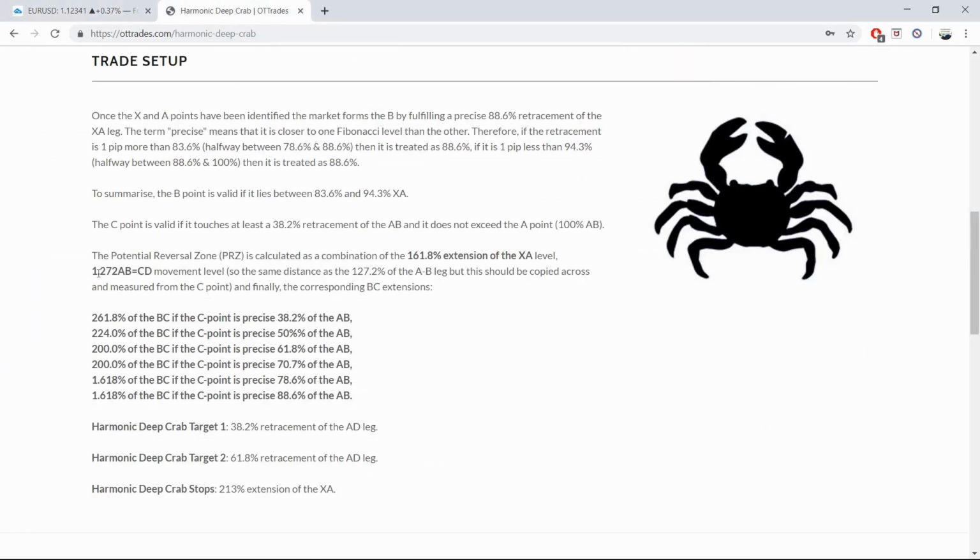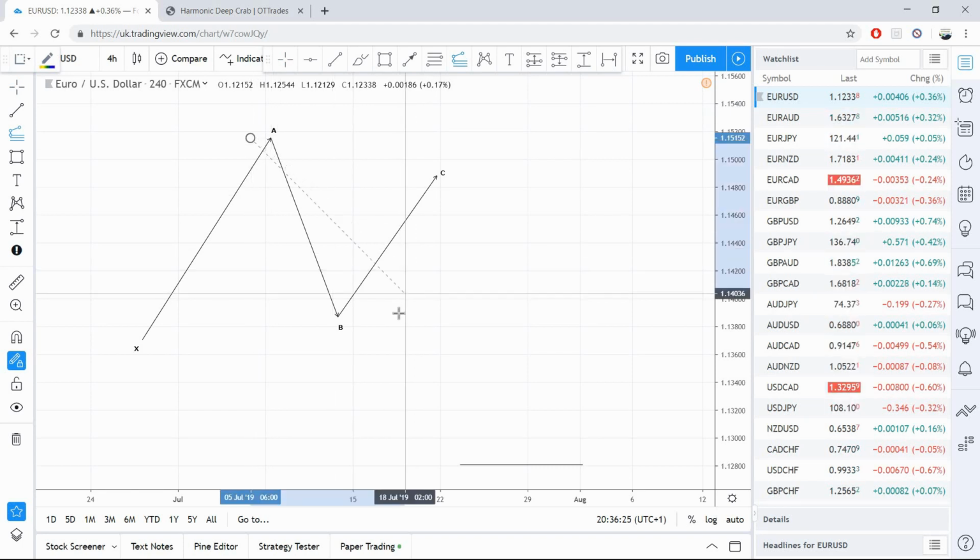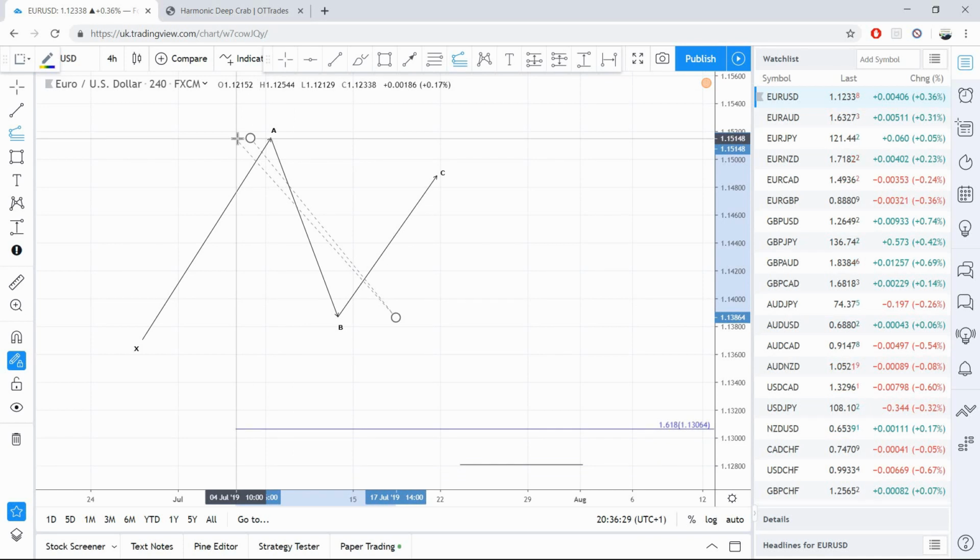And the next level is going to be coming in at the 1272 AB equals CD movement level. So this is the same distance as 127.2% of the A to B leg, but this should be copied across and measured from the C point. Now again, don't let this confuse you. All that's saying is we get our extension tool, we measure 127.2% of the A to B move.